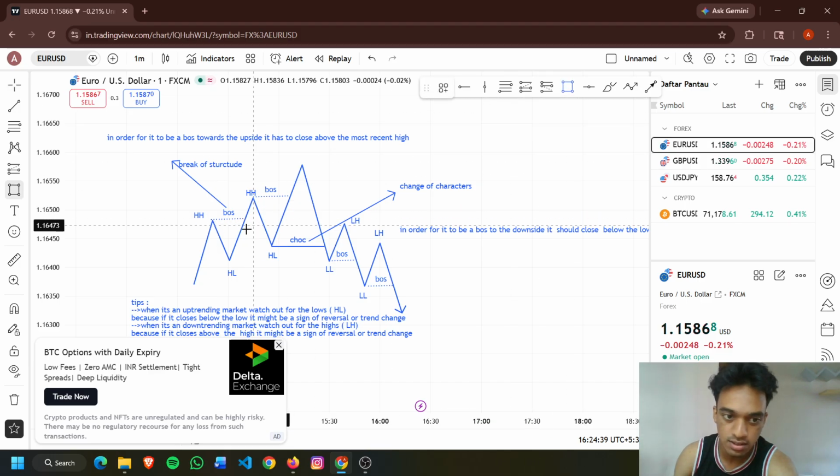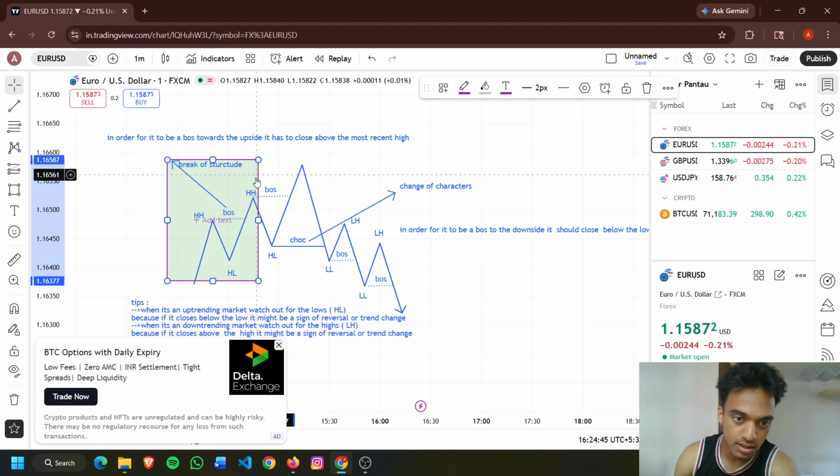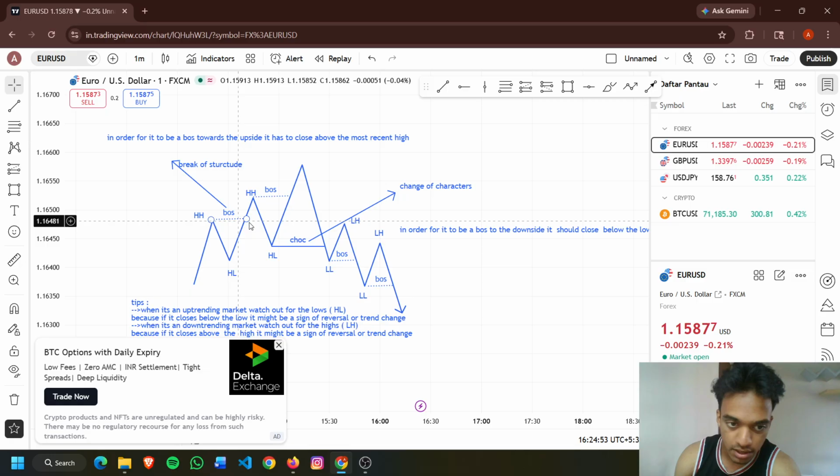Just consider this much as the most recent high, and then this became a new recent high. So it's an uptrending market, and this one is called a break of structure. I hope you can understand. You have to break the recent high, and breaking the high is called a break of structure.